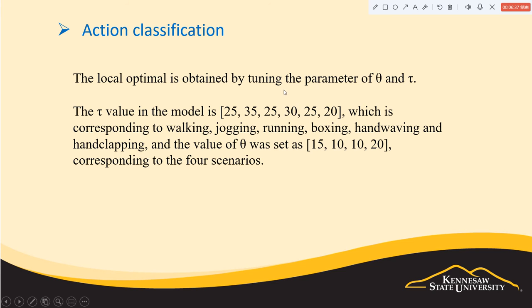As I described before, the parameter training is implemented by using the validation dataset, and here are the tau values for the 6 different actions, and the value of theta was set to 15, 10, 10, 20, corresponding to the 4 scenarios.